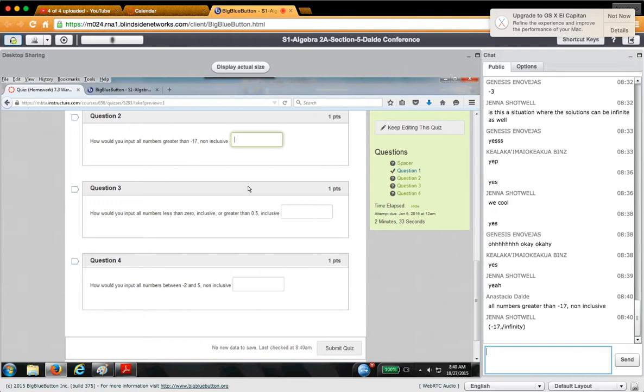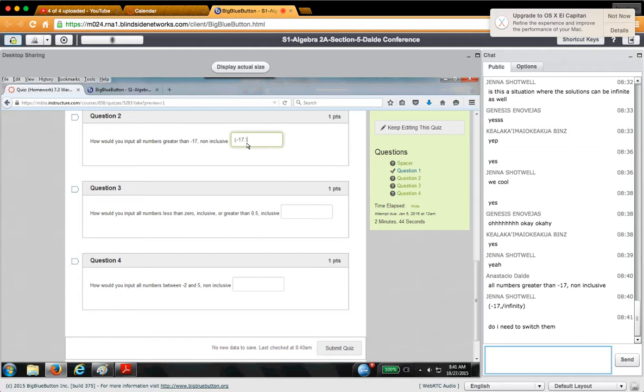Awesome. But the only thing is you would get that wrong because infinity is something that we abbreviate with INFTY. So you don't type in infinity. And you would also use the forward slash, not the backslash.